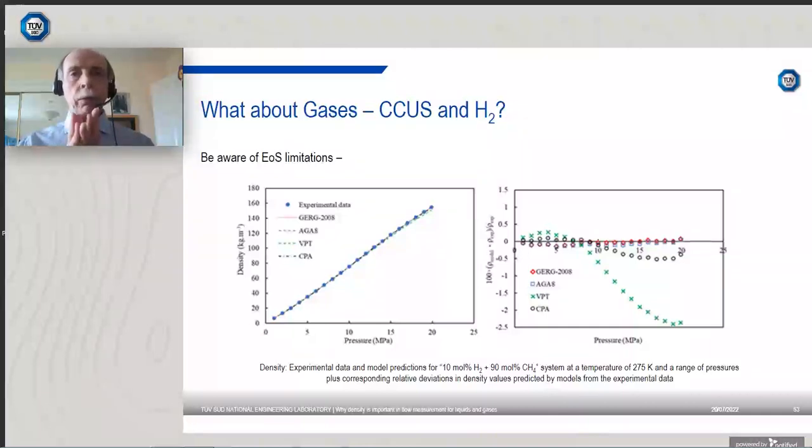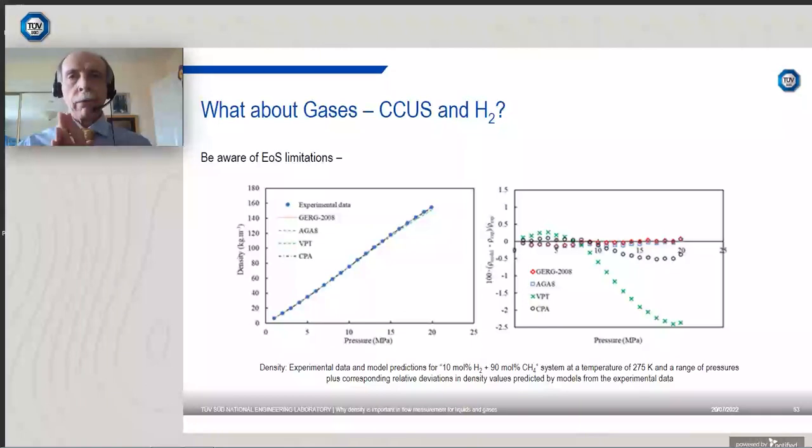So this is for 10% mole hydrogen, 90% methane, not natural gas, but close to natural gas, across a range of pressures just at one temperature. And when you look at the graph on the left, you think everything's fine, all the equations are performing quite well. But when you look at the deviations on the right-hand graph between the calculated and measured values, you can see that, yes, the GERG equation and the AGA 8 equation perform pretty well at these conditions for this composition.